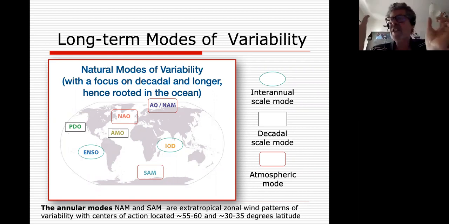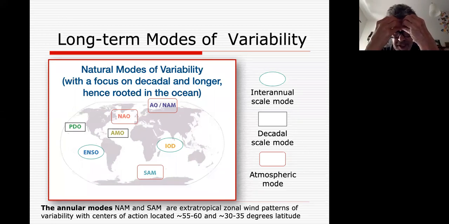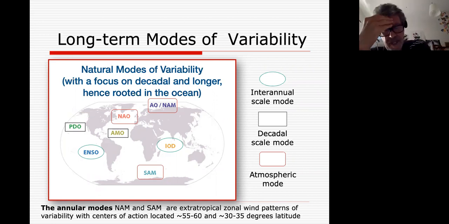Both of them have a connection with the atmosphere. So we do need to consider, especially at this scale, that the interaction between ocean and atmosphere is necessary to explain and understand how oceanographic processes take place.